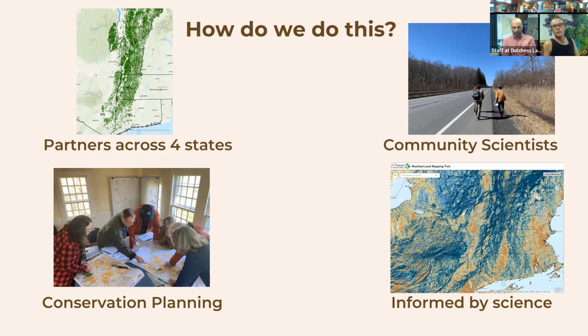We work closely with community scientists, which we're going to really dive into that tool today, to inform the conservation planning and the rest of our work from this critical data that the community scientists are collecting. And all of this work is highlighted and informed by the most recent and up-to-date science. We utilize science from both the Nature Conservancy and the University of Massachusetts to really inform and feed into all of our work.